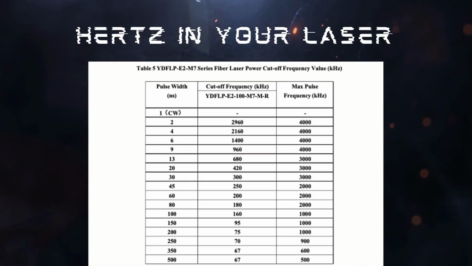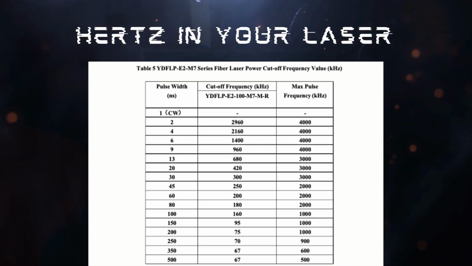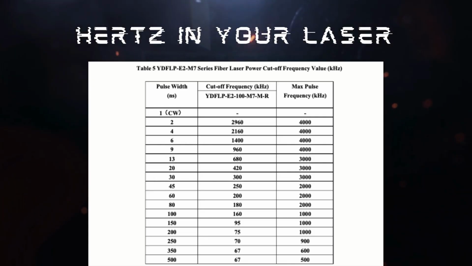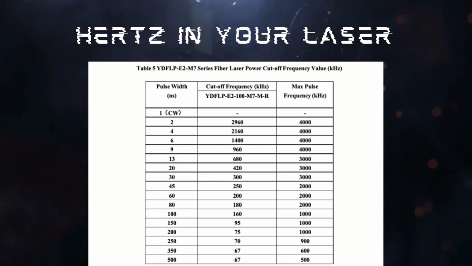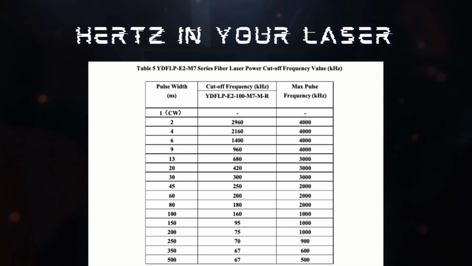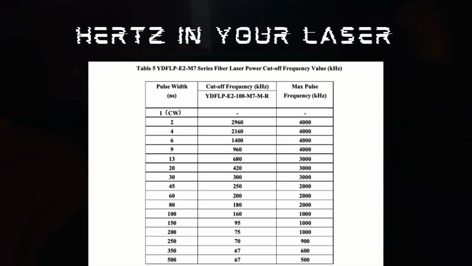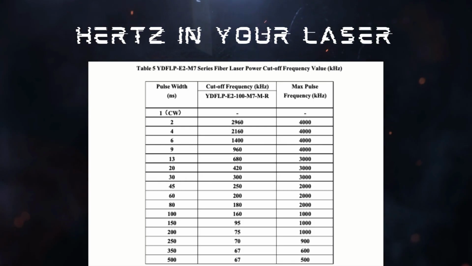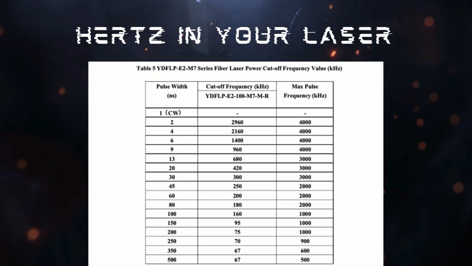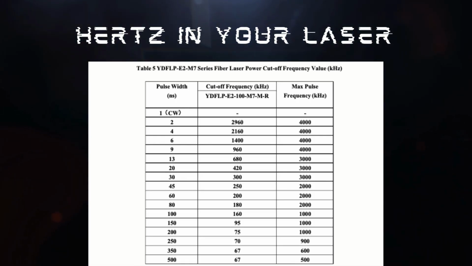As I understand it, all of the pulse width numbers in the left-hand column are preset into the firmware of the laser source, meaning if you were to input a number different from those in that column, the system will automatically default to one of the presets, and it seems to be the one that's closest. So if you were to put 67 in for the pulse width, it seems that the system would default to 60 and your kilohertz settings would change appropriately as well.